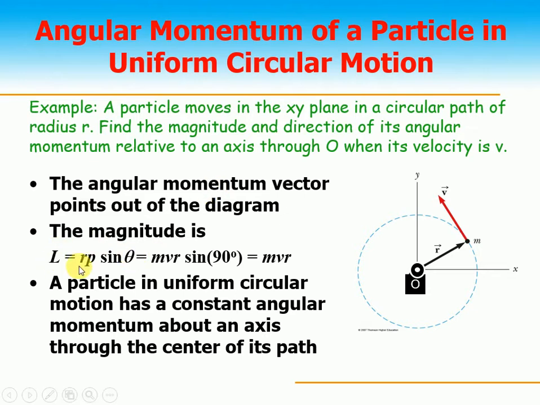So L is equal to r p sine theta, where p is the linear momentum. Of course this is r. We take that component of r which is perpendicular to this. So it is r p sine theta, that is mvr sine 90. In this case the angle between r and v is 90. So therefore it is simply mvr. So when a particle is moving in a uniform circular motion, the angle between r, the arm of force, and the velocity is 90 degrees. Therefore it is simply mvr.